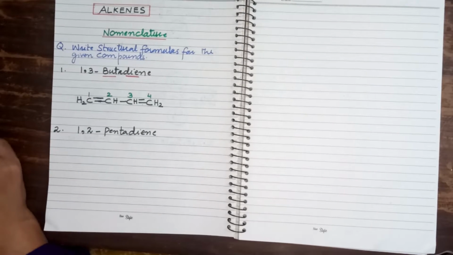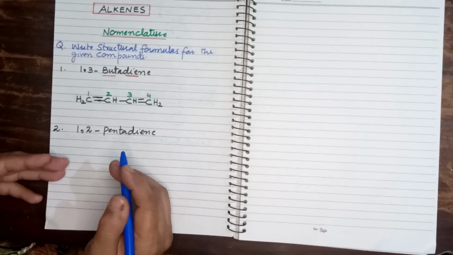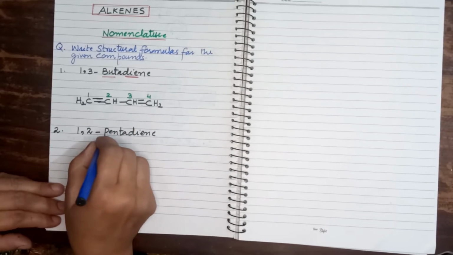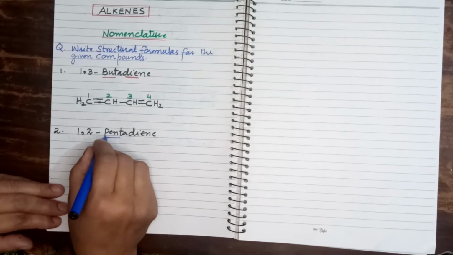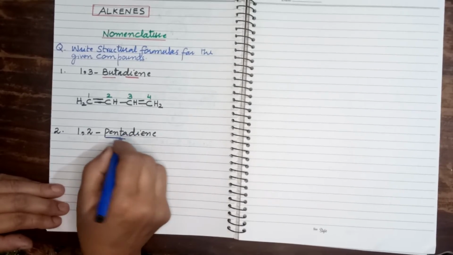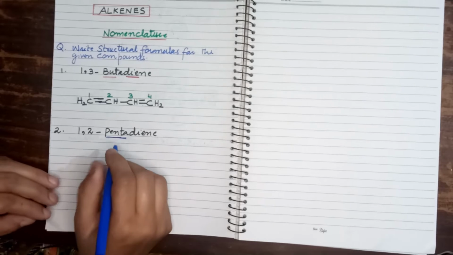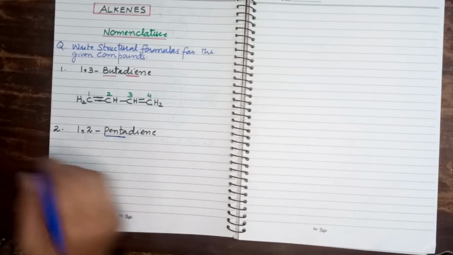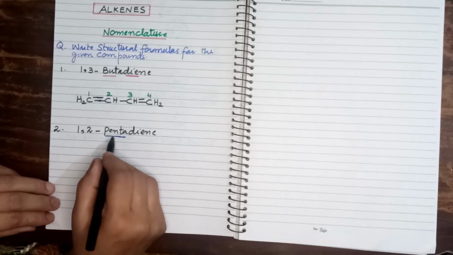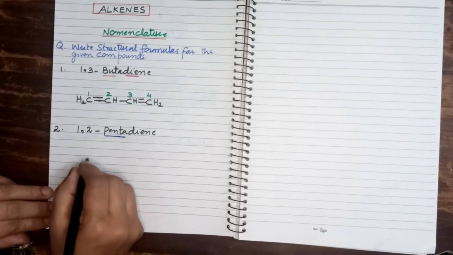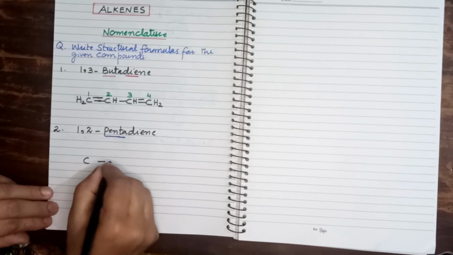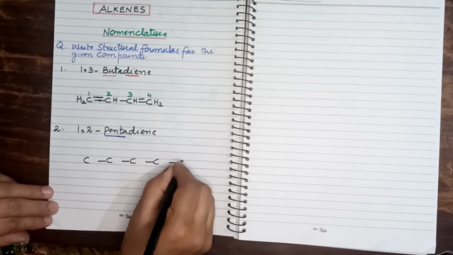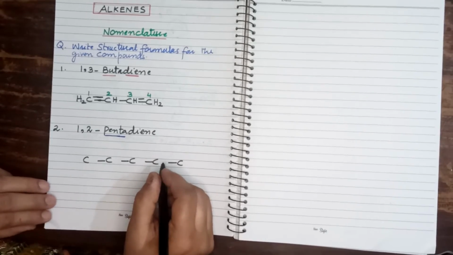First of all, we make the skeleton of carbon consisting of 5 carbon atoms, since in the name we have penta. Penta का मतलब क्या है? कितने carbon atom? Penta means 5 carbon atoms. So we will make the skeleton consisting of 5 carbon atoms right here. 1, 2, 3, 4, 5.